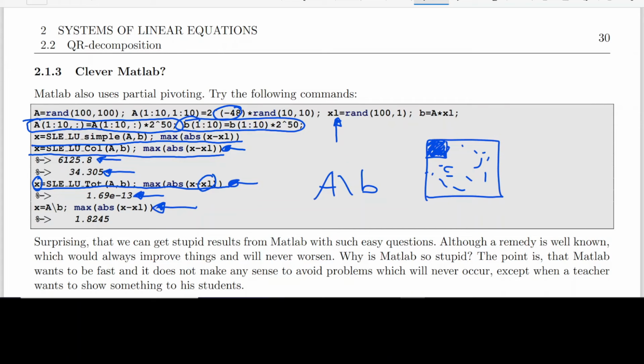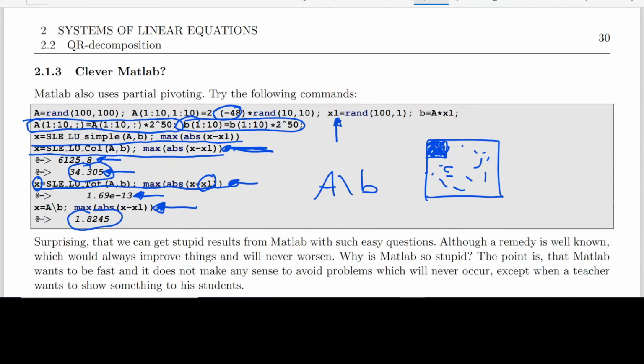And now you see the following: Matlab produces the same nonsense results. If you ask Matlab type and then the name of the algorithm, then you can see the code, what's running inside, and then you see Matlab also uses column pivoting. And I'm not really sure why Matlab is more clever than we were here.